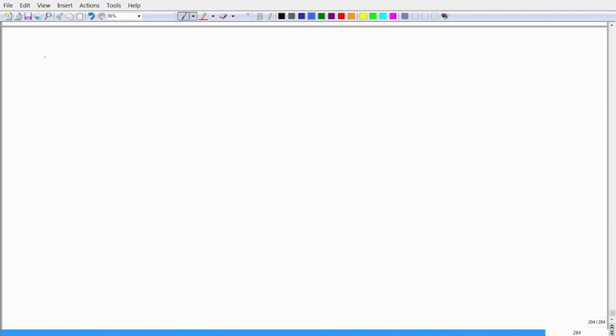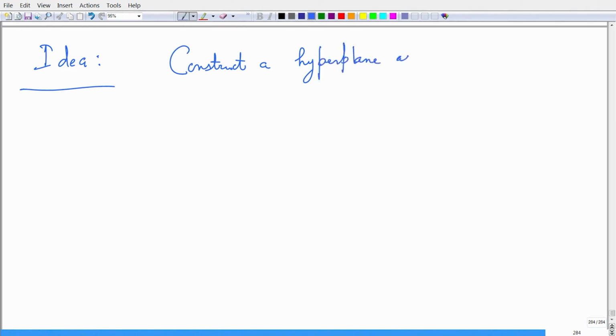Now, what is the basic idea behind SVMs? The idea is as follows. We would like to construct a hyperplane as the decision surface.